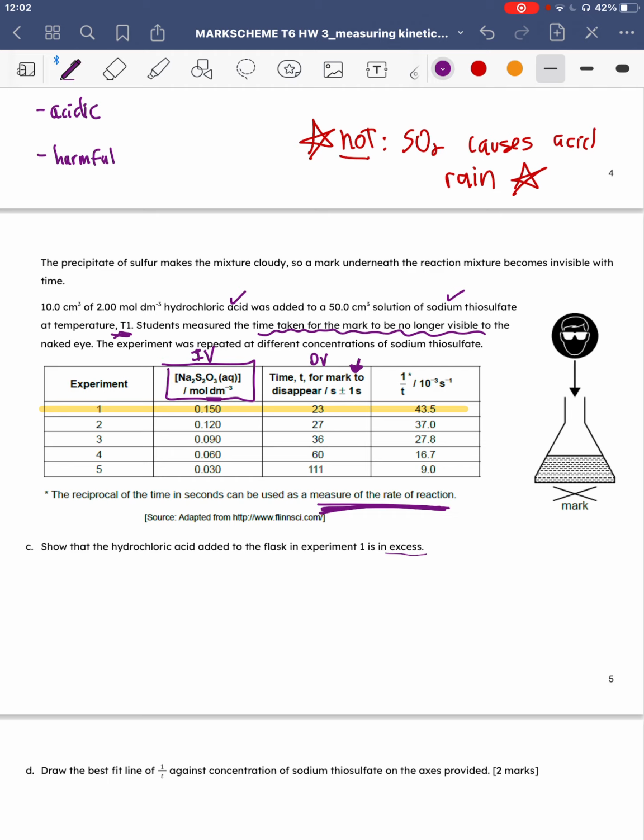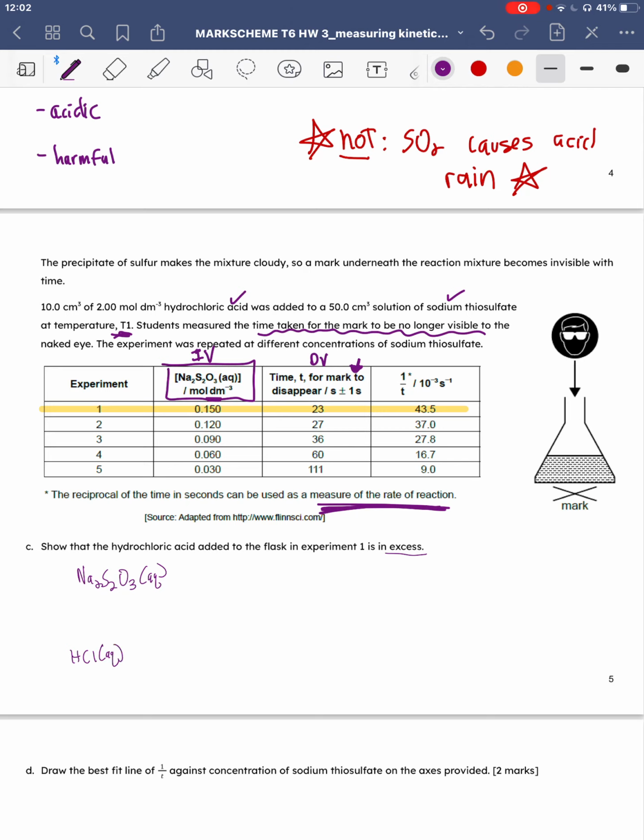So that's basically showing that sodium thiosulfate is limiting. So I'm going to set up the stoichiometry for sodium thiosulfate and HCl.